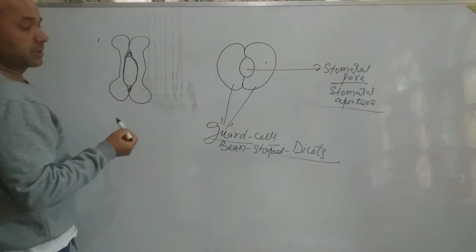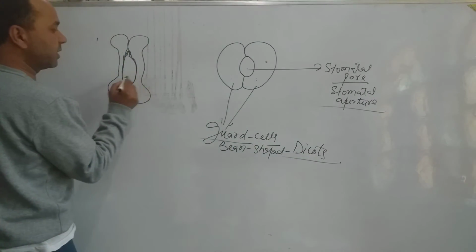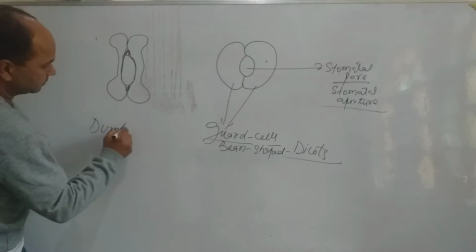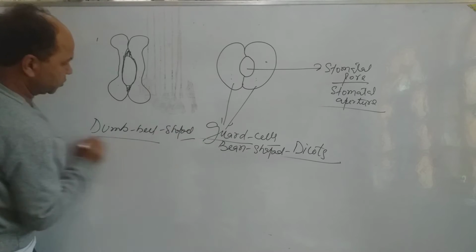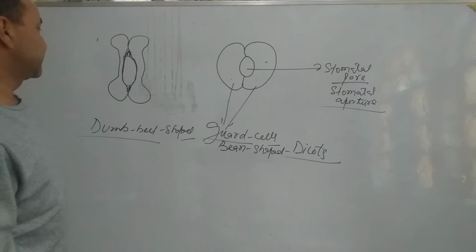These are dumbbell shaped guard cells, these are kidney shaped guard cells. These are found in dicots, these are found in monocots. This type of stomata is found in monocots, and in monocots usually you will see in these grasses.